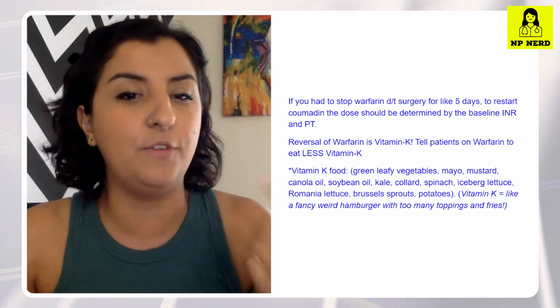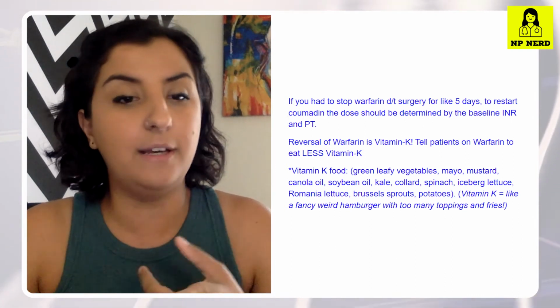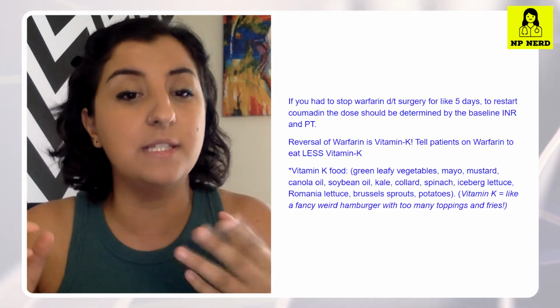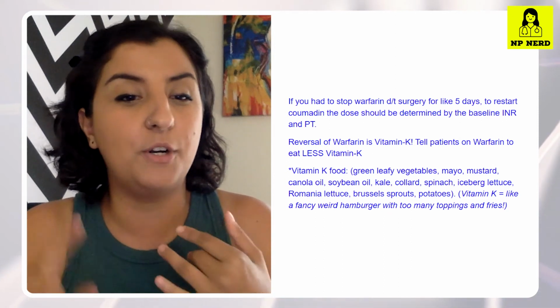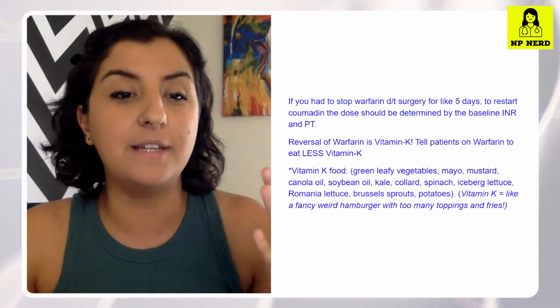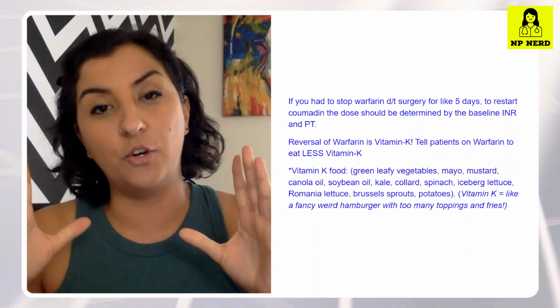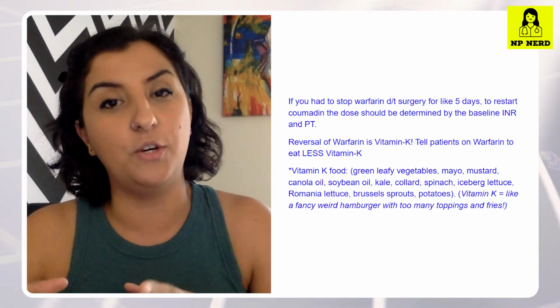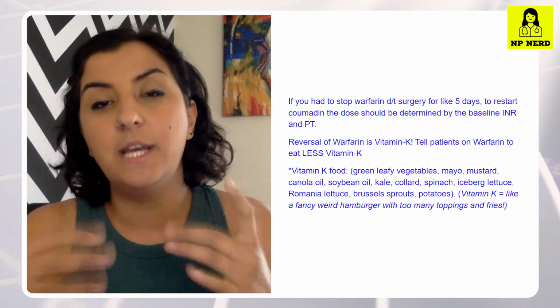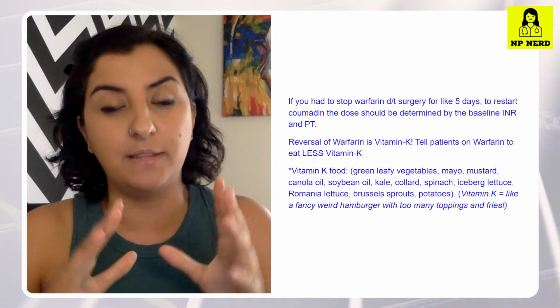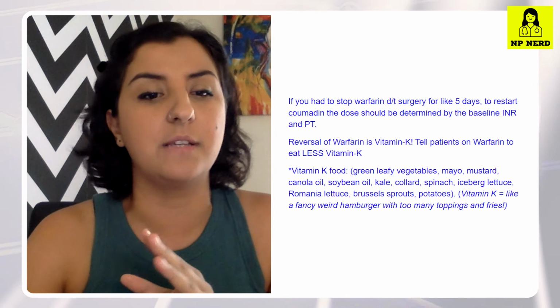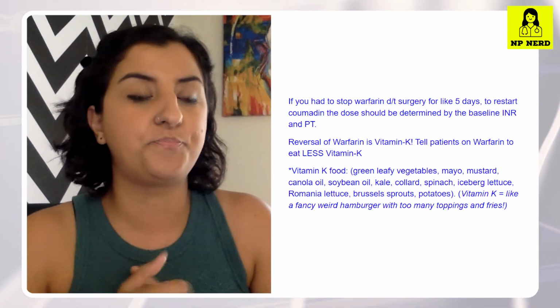We have green leafy vegetables: kale, collard, spinach, iceberg lettuce, romaine lettuce, even Brussels sprouts, okay? So when you see things that are green, or potato, or some oils, think vitamin K. You have to have the patient stop eating these things while they're on warfarin.